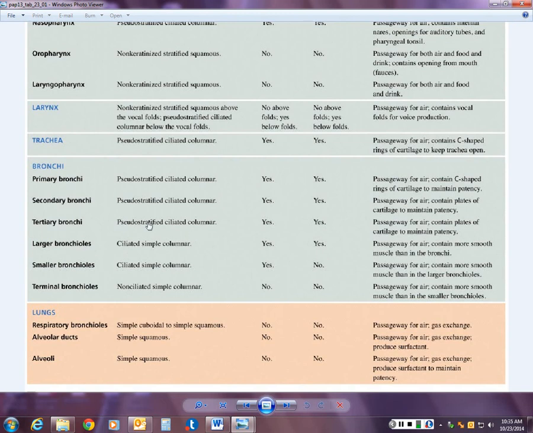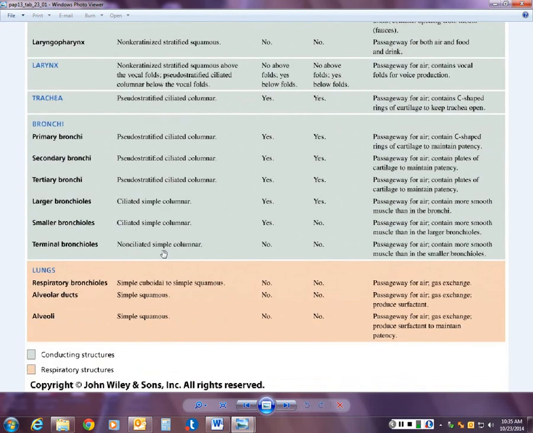It goes from being pseudostratified ciliated columnar epithelium to being ciliated simple columnar in the bronchioles, and then you lose the cilia when you reach the terminal bronchioles. Once you transition to the respiratory zone, instead of having columnar epithelium, it will be simple cuboidal. And as you proceed to smaller and smaller airways, that simple cuboidal epithelium will transition to being simple squamous epithelium.